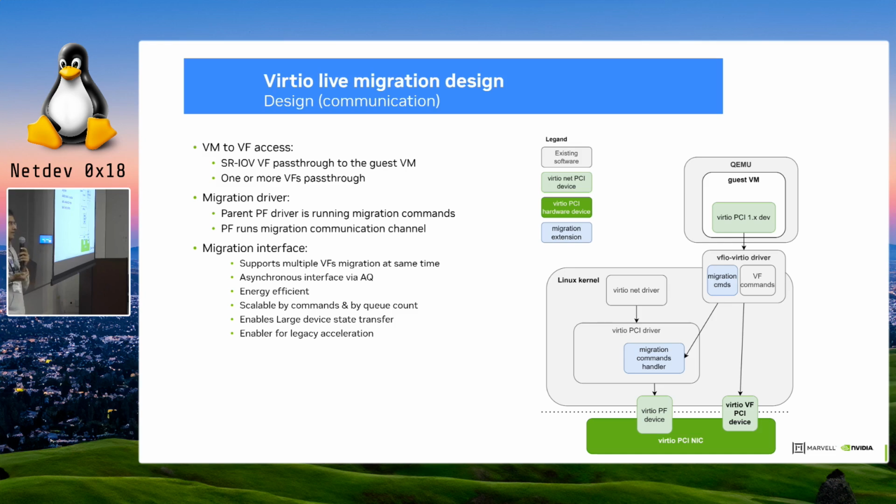The second need of the migration interface is that there can be many VFs whose migration can happen. It means that we need to do data transfer asynchronously between the driver and device. That means we need an admin queue or some sort of a queuing interface between the two. The device state transfer will also require DMA.